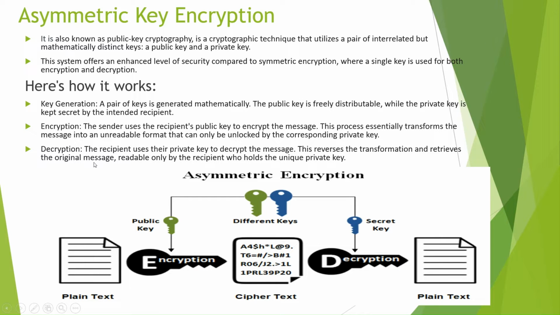For decryption, we use the private key to decrypt the message. This reverse transformation retrieves the original message, readable only by the recipient who holds the unique private key. If you don't have the private key, you cannot see the decrypted message.